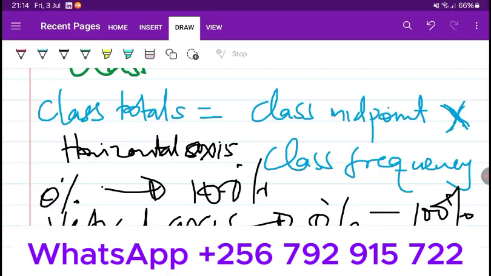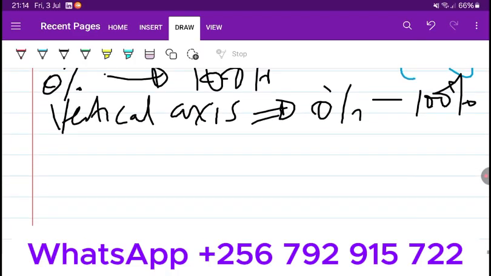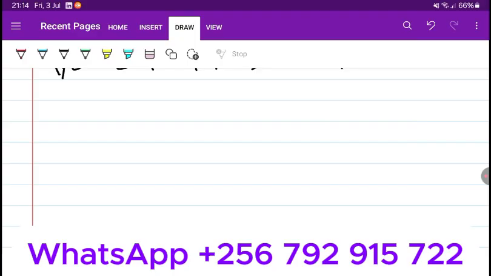Now, once you have drawn this curve, for you to be able to understand, interpret or analyze the details that it provides, it's better we draw what we call the equality curve.